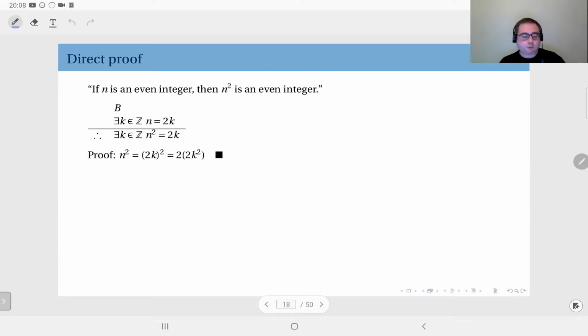And here's the proof. It's quite simple, as you see. n squared is, by definition, n times n, and since n is equal to 2k for some k, this is equal to 4 times k squared. And here, of course, you see I'm referring to b as the definition of product, for instance, or taking the second power of a number, what it means, etc. So I'm not really explicitly stating everything I'm using.